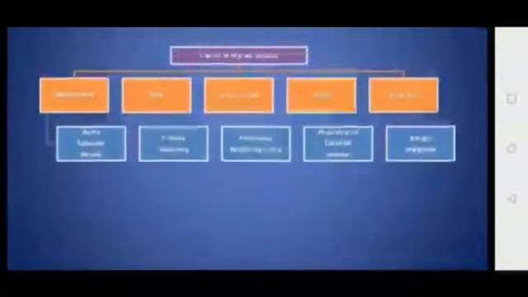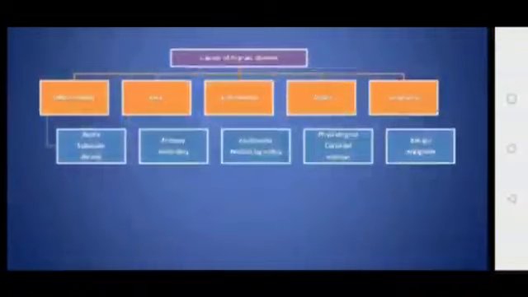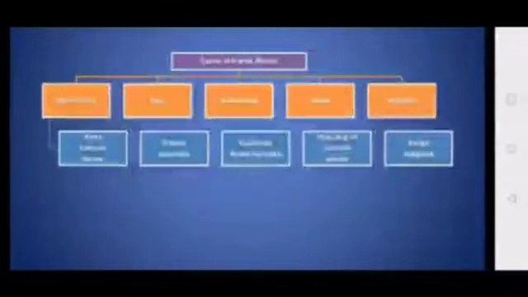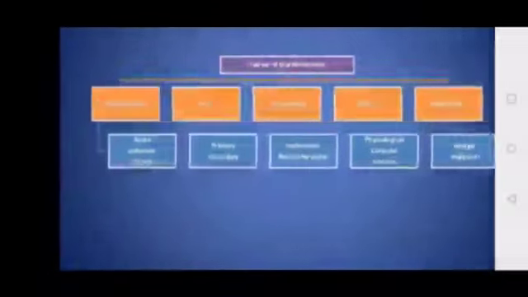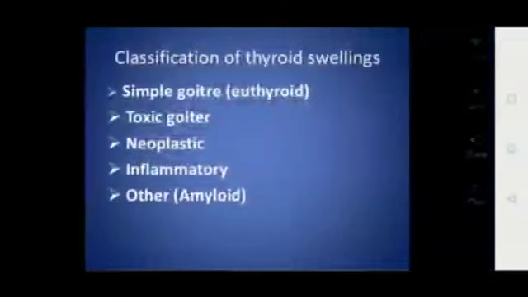Coming to the inflammatory, it can be acute, subacute, or chronic inflammatory disorders. Toxic can be primary and secondary. Autoimmune disorders can be Hashimoto's thyroiditis or Riedel's thyroiditis. In case of simple goiters, it can be physiological, colloid goiter, or nodular goiter, and neoplastic can be benign or malignant.